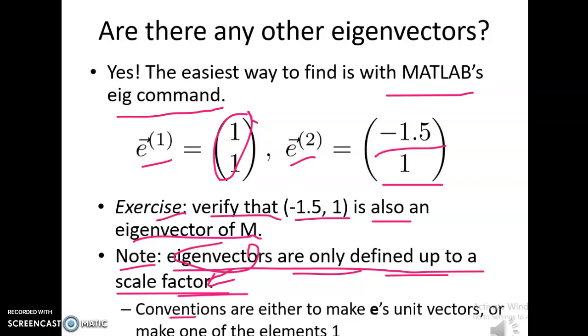Conventions are either to make these unit vectors or make one of the elements 1.